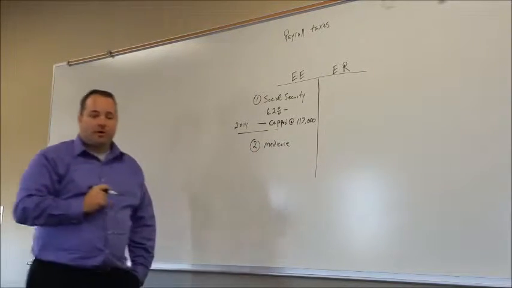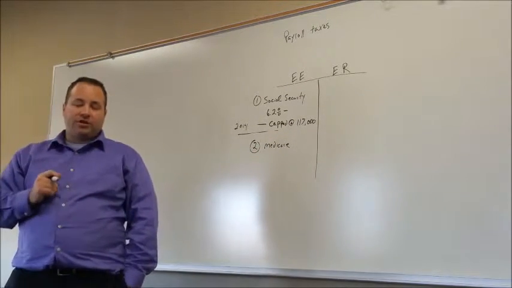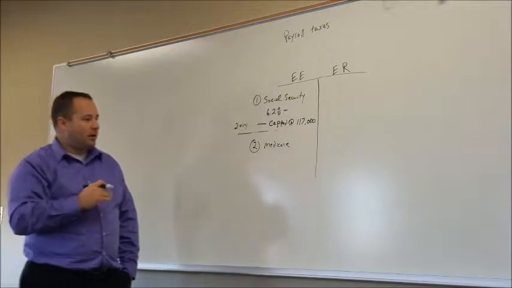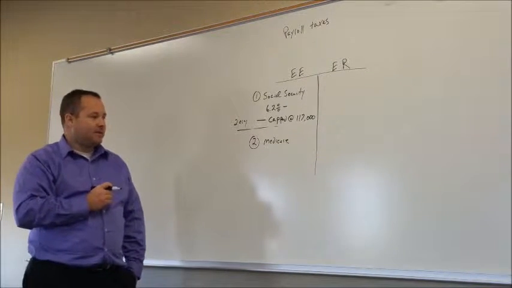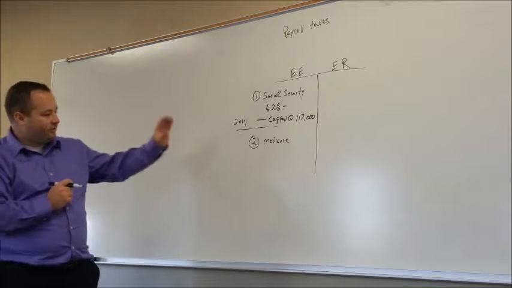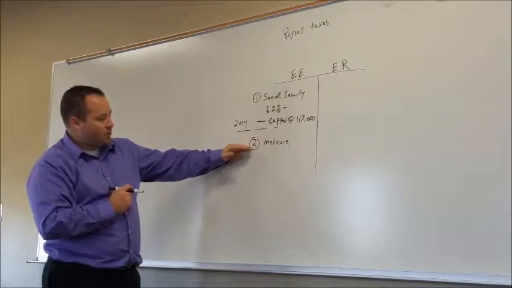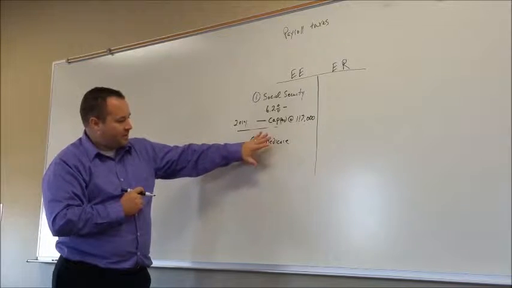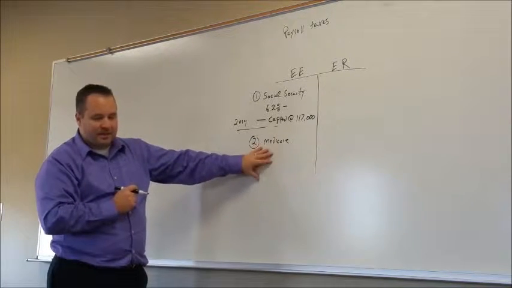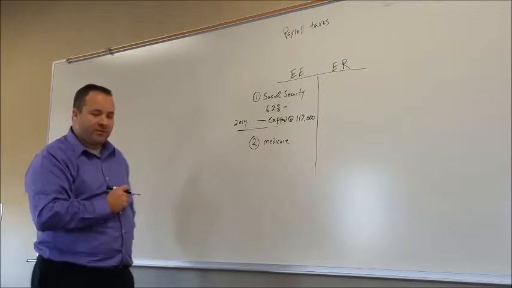Medicare pays for our medical insurance when we are in the retirement age of 65 plus. And this is the bare bones medical insurance. Usually most people then have Part B and Part D for medicine and doctor visits.